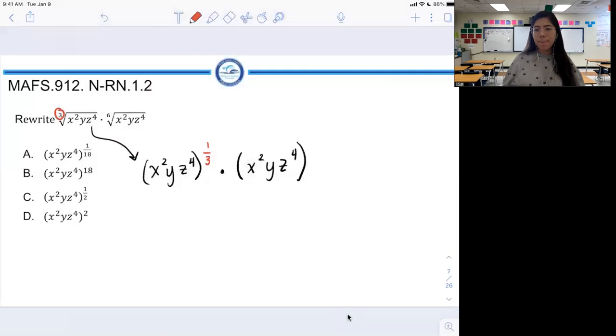If the first one was 1/3, what would the second one be? 1/6. Yeah, 1/6. Because I've got this 6. So all I did was I rewrote it. Instead of making it a radical, I rewrote it as an exponent.